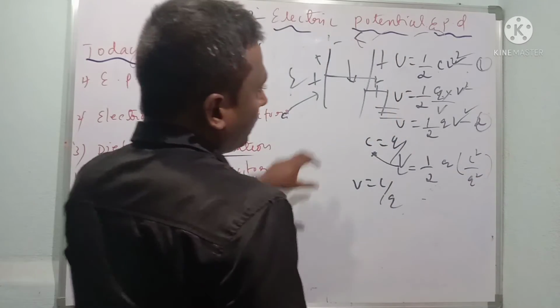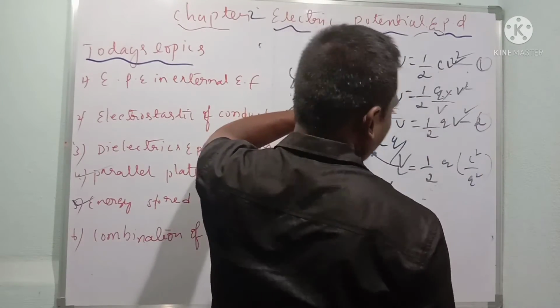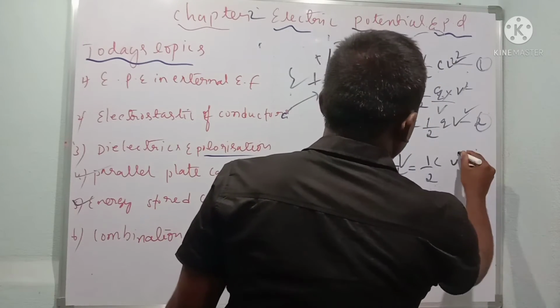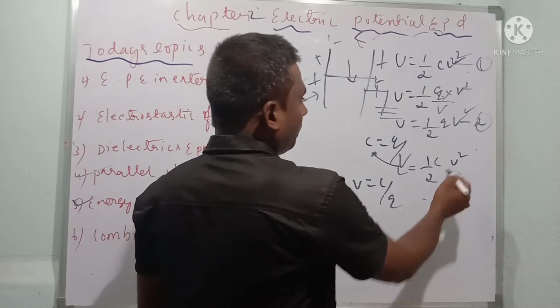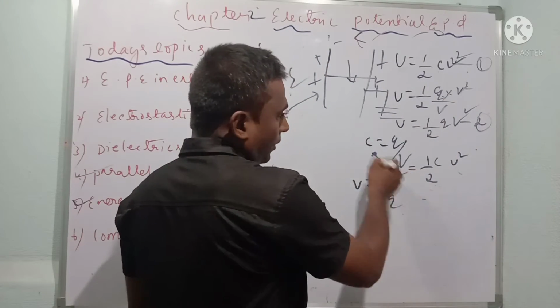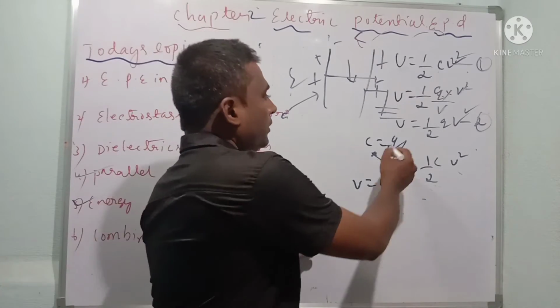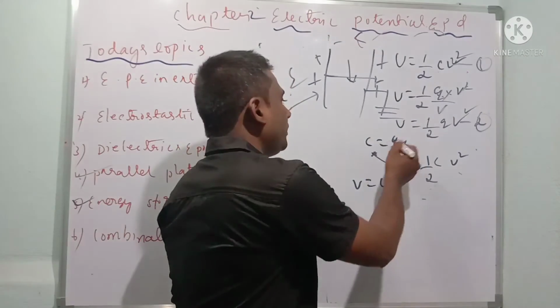Are you getting it, children? That is CV square. I am sorry for that. Since C is equal to Q by V, now V is equal to Q by C.